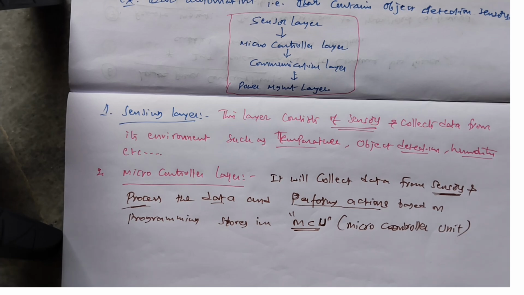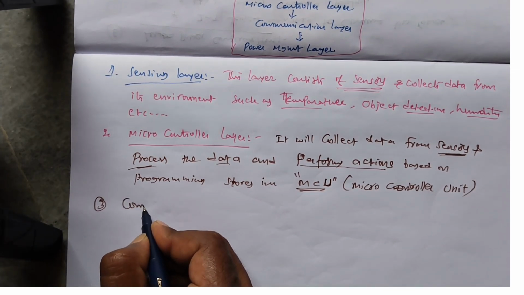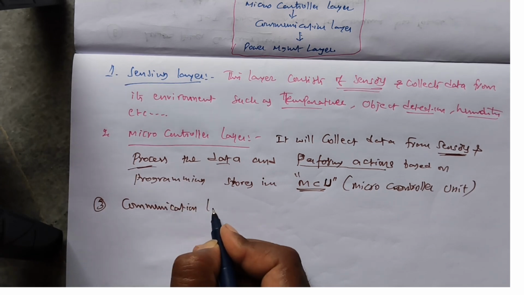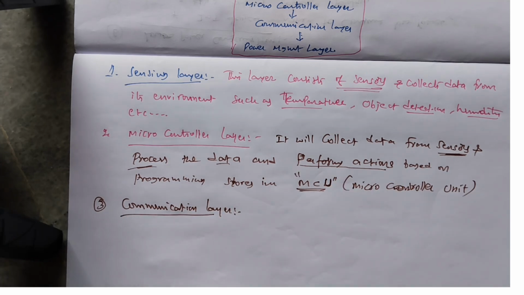Okay, the next layer is the communication layer. What is the communication layer? This layer consists of communication protocols used to transmit the data to the cloud or other devices.